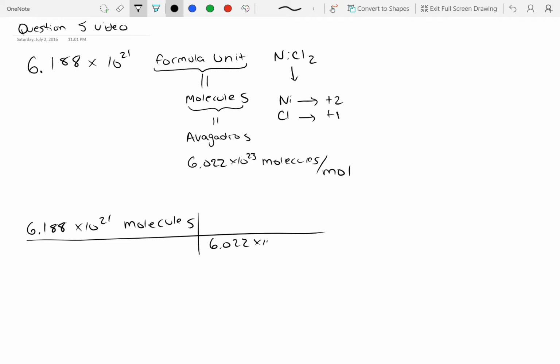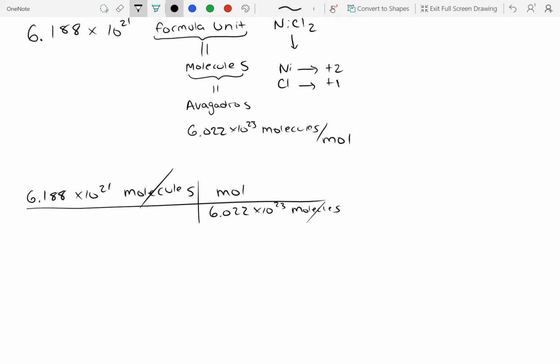Over 6.022 times 10 to the 23 molecules per mole. And so molecules and molecules cancel out. And what we're left with is moles. So we have 0.01027 moles of NiCl2.